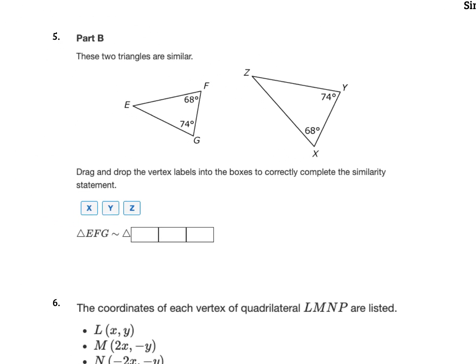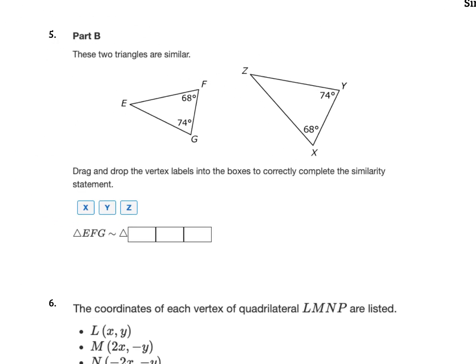Now, they give us the two triangles that we just identified. And we know that this is 38 degrees, and this must also be 38 degrees because everything has to add to 180.